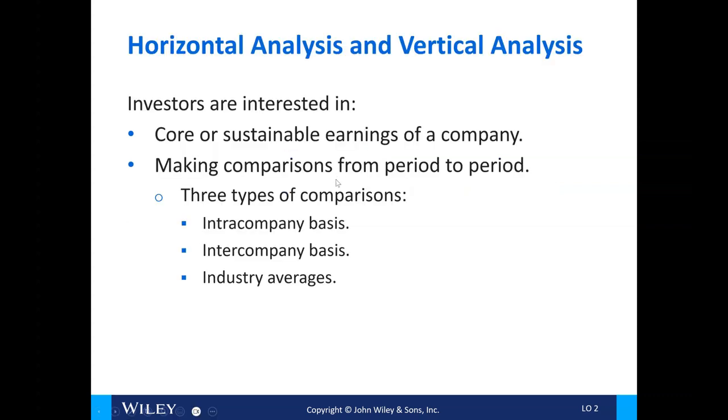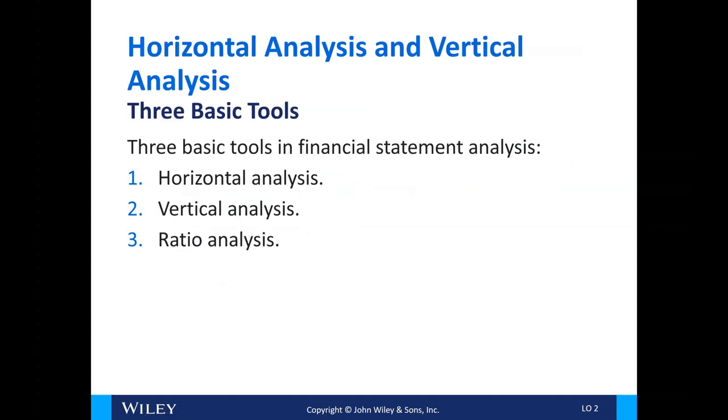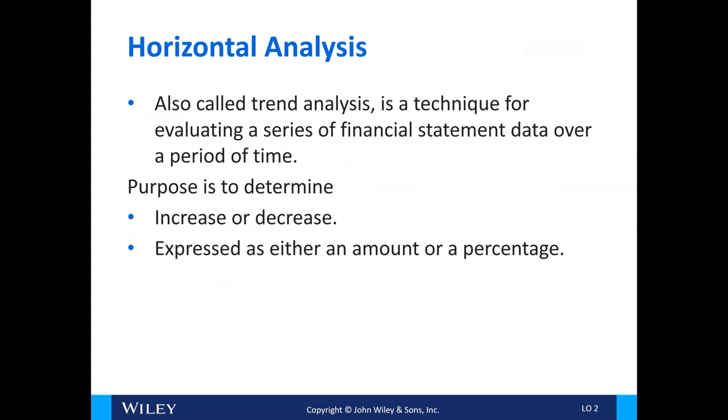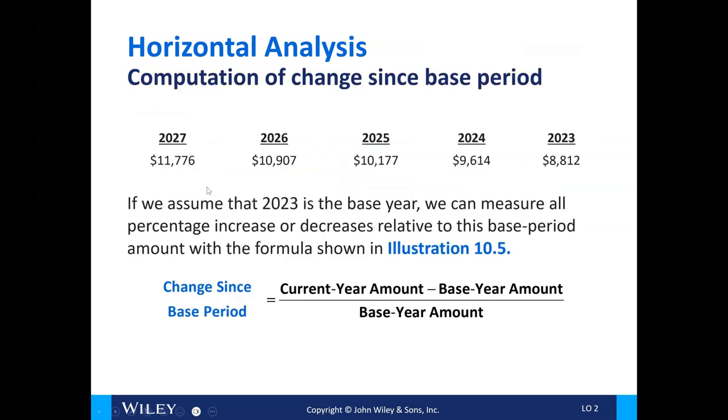So you can compare intra-company, intercompany, industry averages. Again, horizontal analysis is just looking year to year. Okay, you can even do like the inflation where you have constant 2010 dollars or whatever. You can compare it all to a base year, and so the current year minus the base year divided by the base year would be the percentage change.